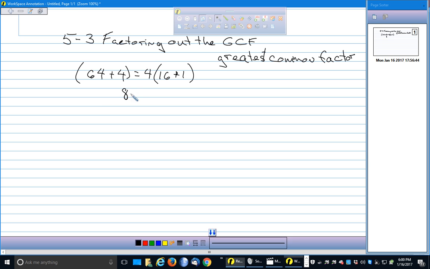So if I write this, 8x squared plus 20x, you want to pull out the greatest common factor out of each of these. The greatest common factor of 8 and 20 is 4, so I could pull that outside the parentheses.